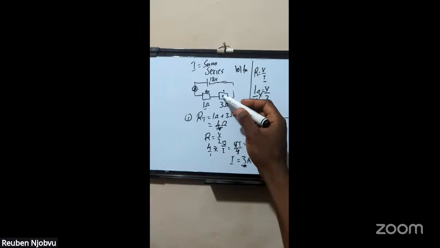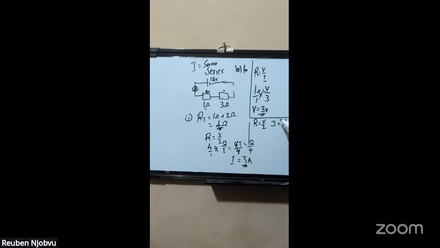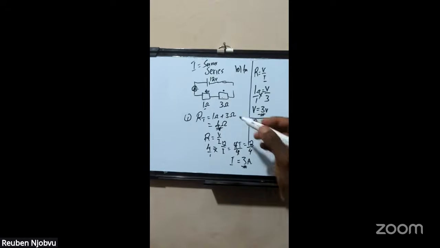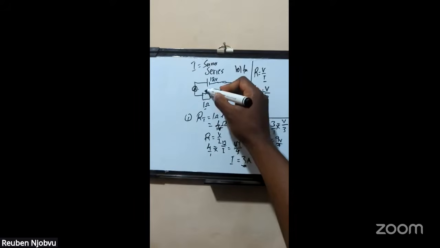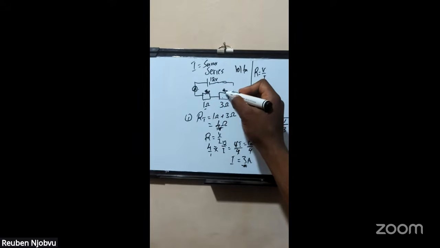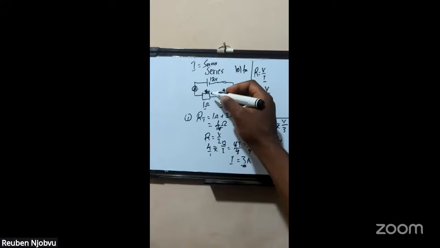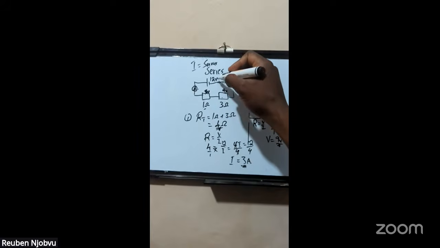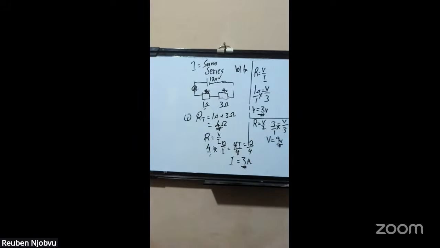The voltage passing through this resistor, we don't know. What is the current? The current is the same throughout, which is 3. You cross multiply here, meaning our voltage is equal to 3 times 3, 9 volts. So when you add the 3 volts that you found here and the 9 volts at this point, 3 plus 9, the total should give you the total voltage, which is 12.